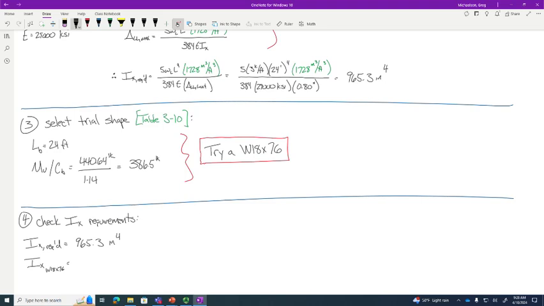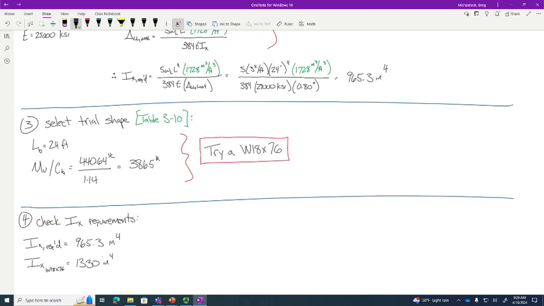What is the moment of inertia of a W18 by 76? We could find that in table 1-1, but we can also find it in table 3-2. I want to find it in table 3-2 because we're going to need a lot of other stuff in table 3-2. 1330. So will this beam, if we choose it, meet the deflection limit? Yes, it will.